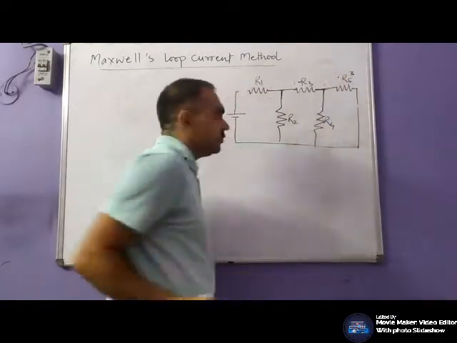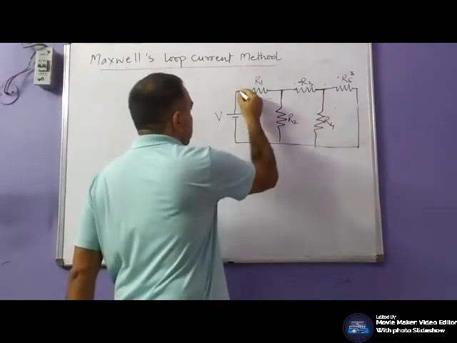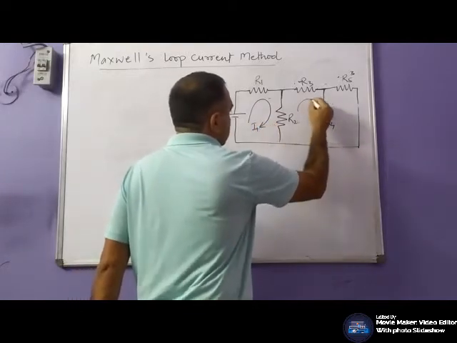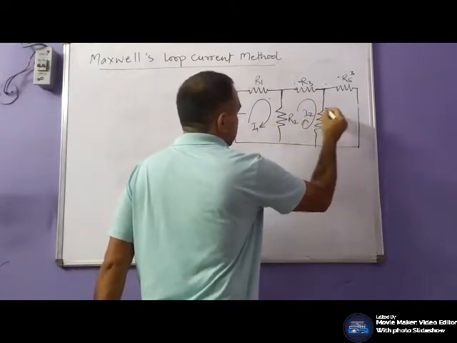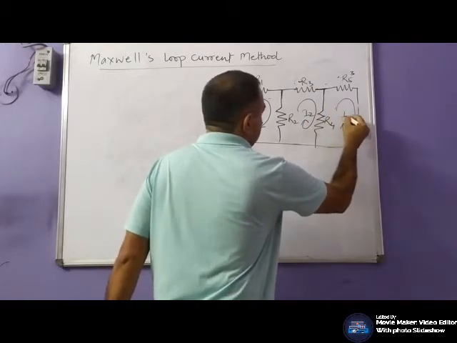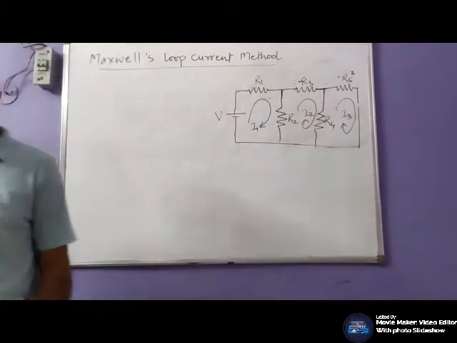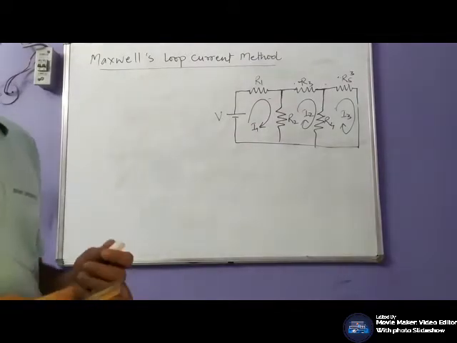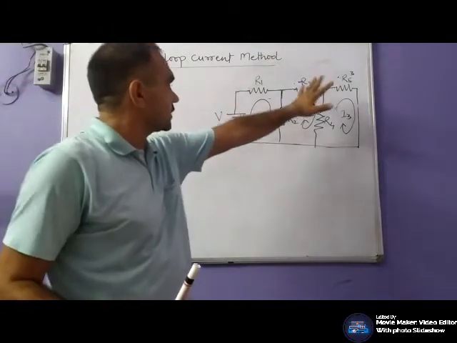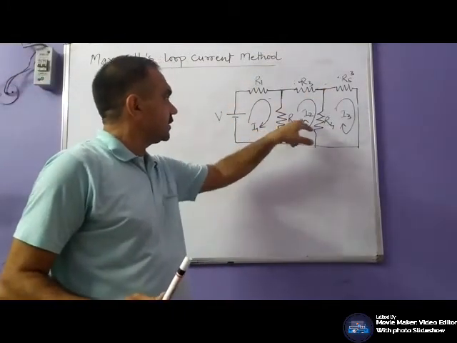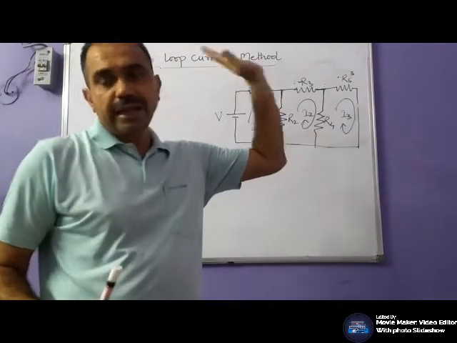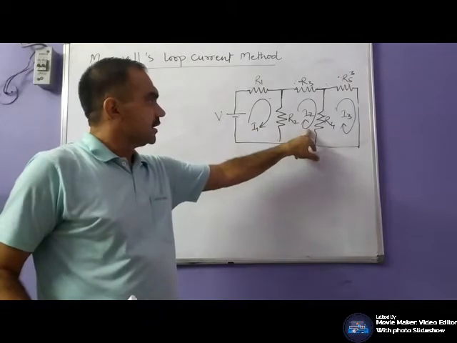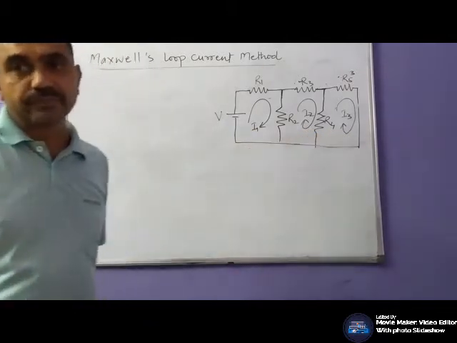Forget the branch currents. And the direction of all the loop currents would remain the same. Now we have not taken any branch current. In these loops the currents are I1, I2, I3.